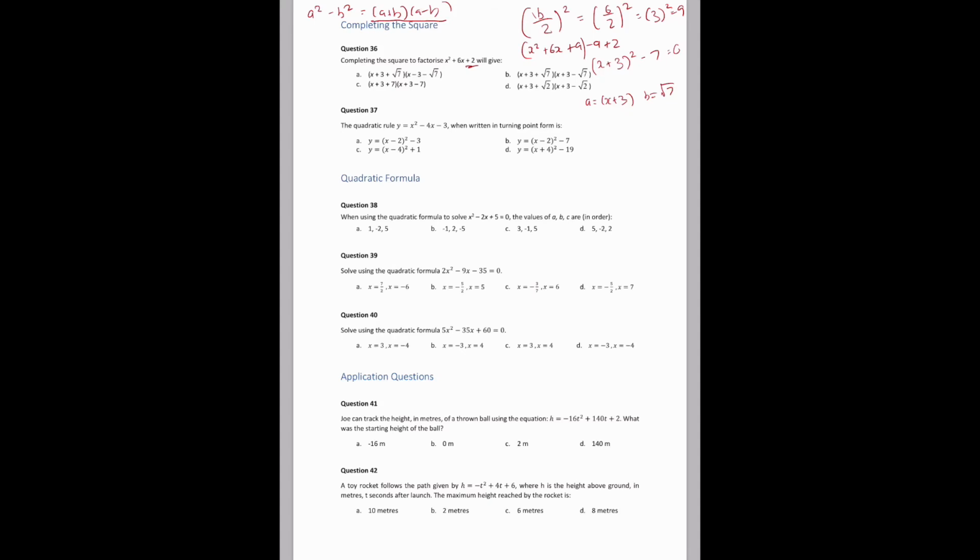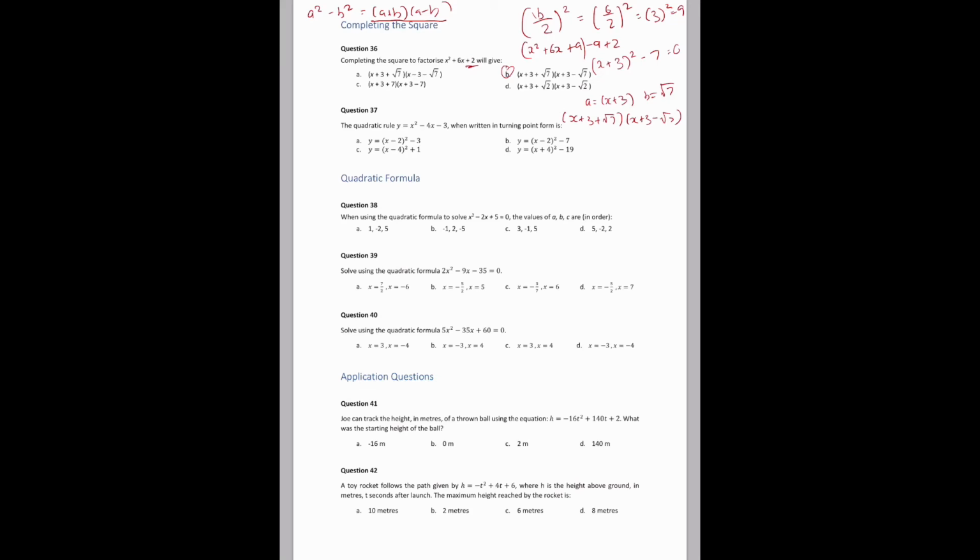So it's going to be (x plus 3 plus root 7)(x plus 3 minus root 7). Looking at the options, the one that looks correct is option B.